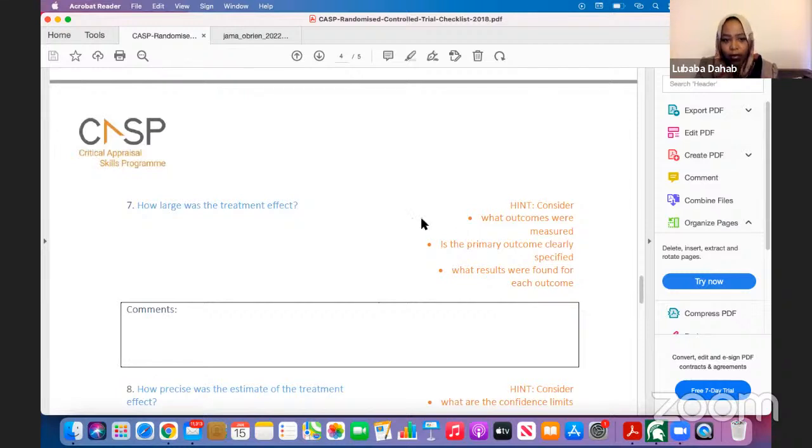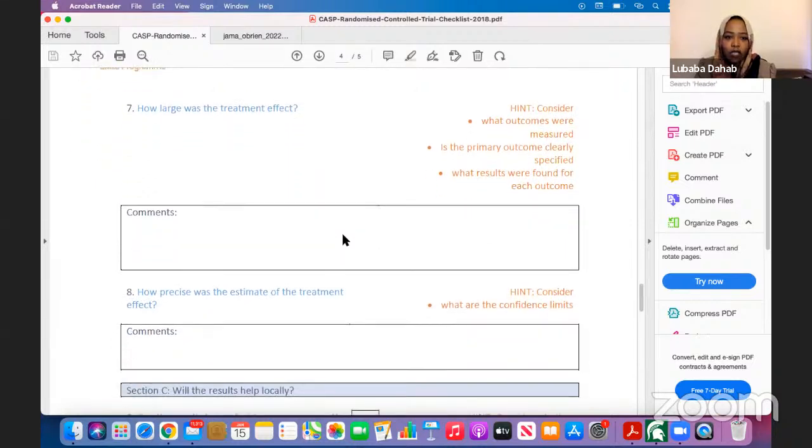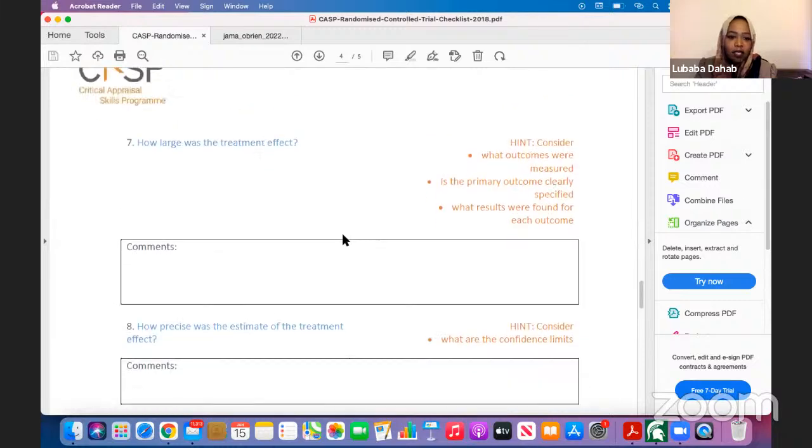They were looking at the development of symptoms and doing lab tests to see how many converted from seronegative to seropositive, and whether the seropositive ones developed symptoms or not, comparing the placebo and the intervention. They mentioned that the primary outcome was clearly specified, and the secondary outcomes as well, and all of these were reported. So I would say this is a yes as well.